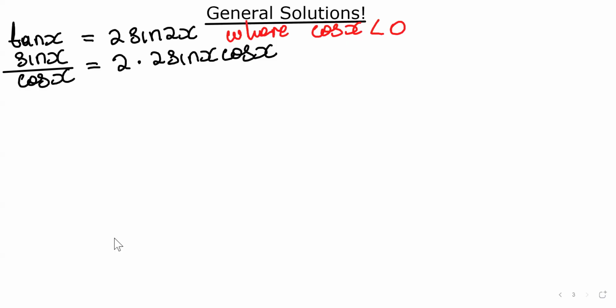But then we also understand that this entire thing that we see here actually has a denominator of 1. So I can either decide to cross multiply, or I can multiply throughout by the LCD, which is cosine x. I'm not sure where the 5 came from, but yeah.